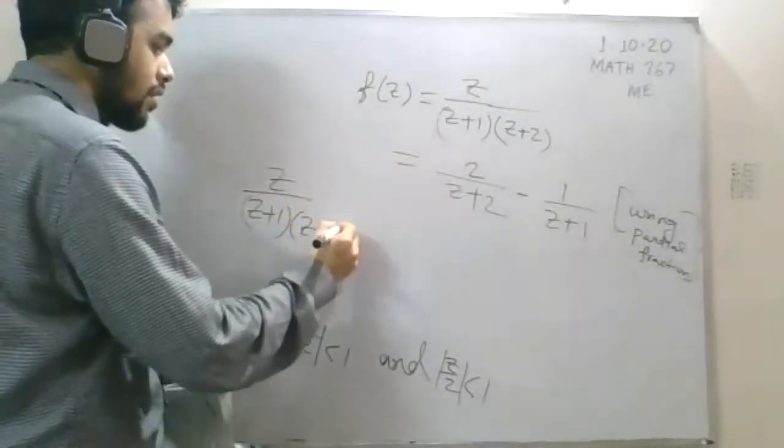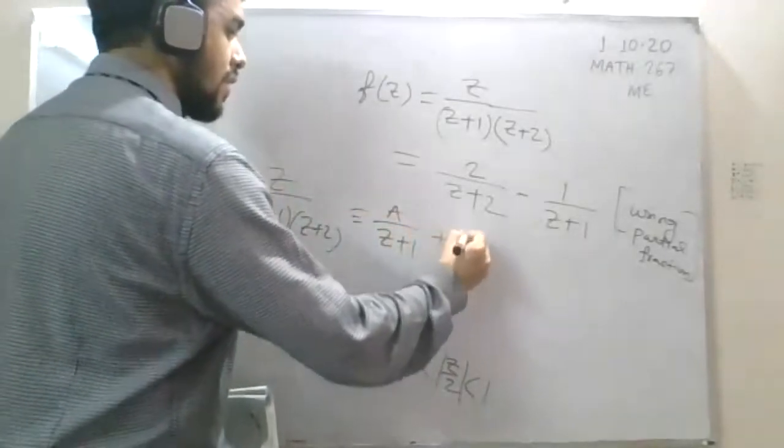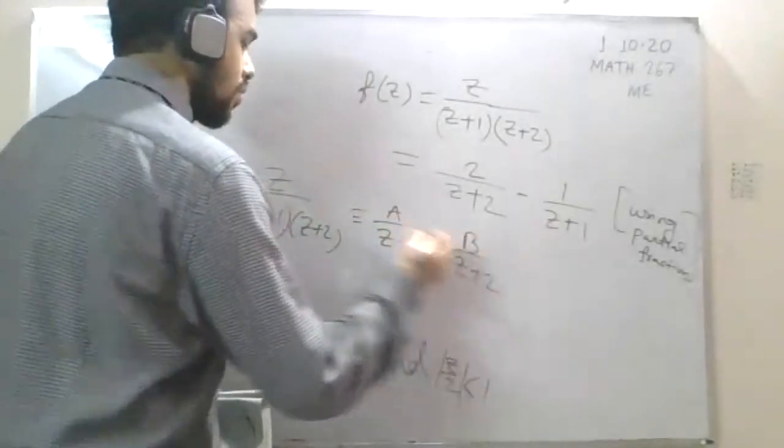Okay, a into z plus 1, also b into z plus 2.